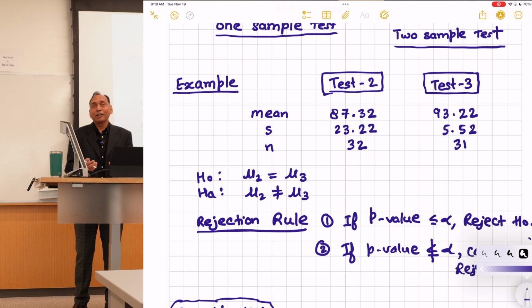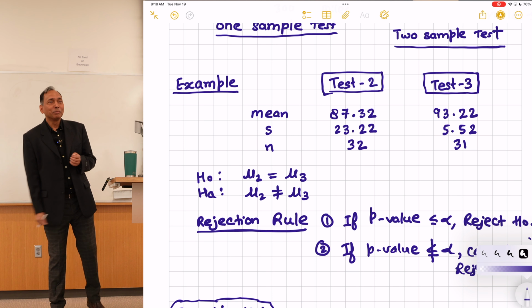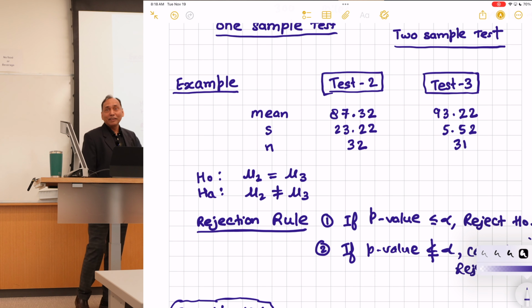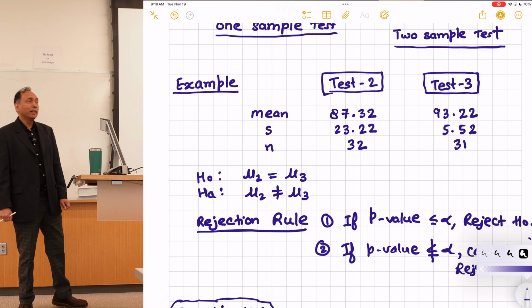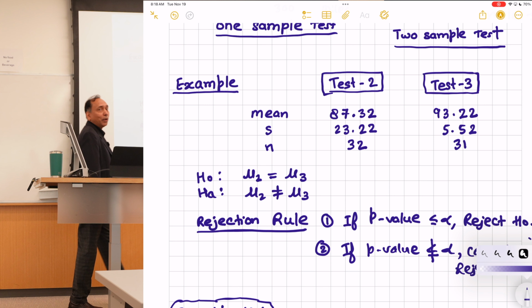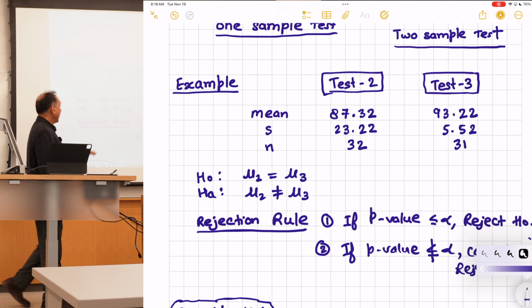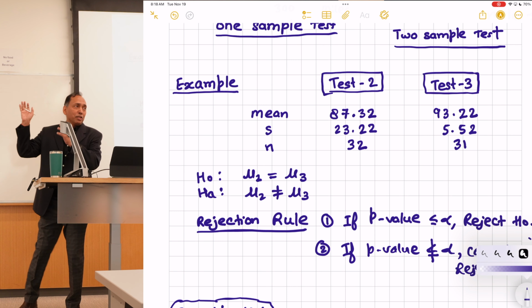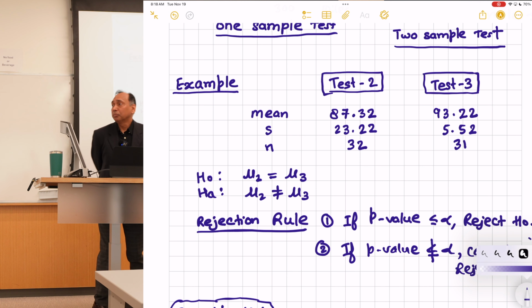Another way of asking that question is, do we need any statistical test to prove that 87% is different from 93%? Or you think you can conclude without any further statistical test or analysis, like going through hypothesis testing, doing all the math, and then figuring out?